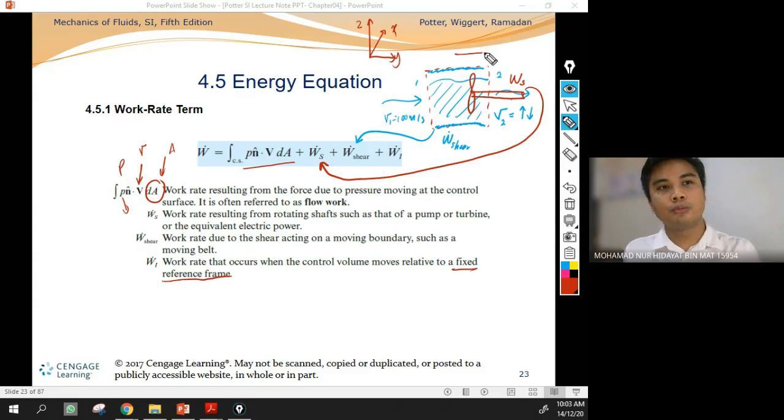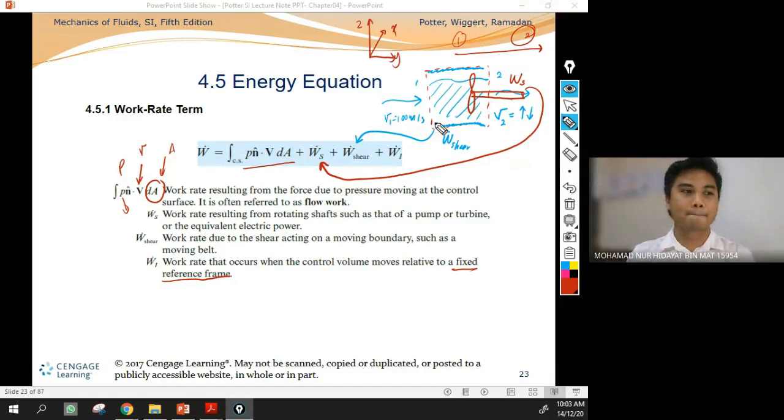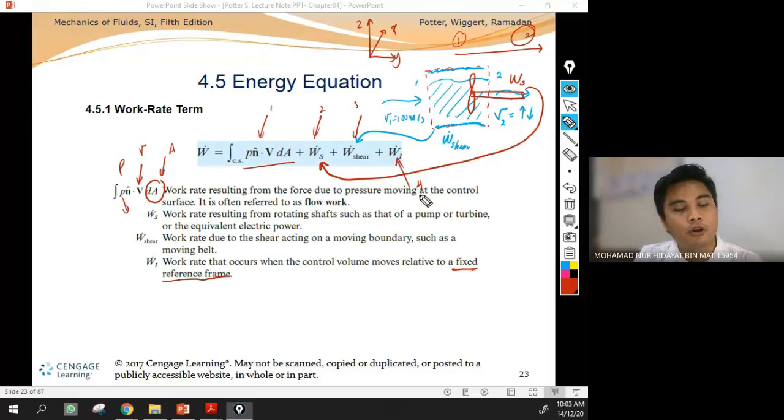If the control volume moves from point 1 to point 2, there is work. Remember, if the control volume moves in the reference frame X, Y, and Z, there is work. So how many components do we have? We have 1, 2, 3, and 4 components of work. That means energy is lost because the system does its own works. We have many works.